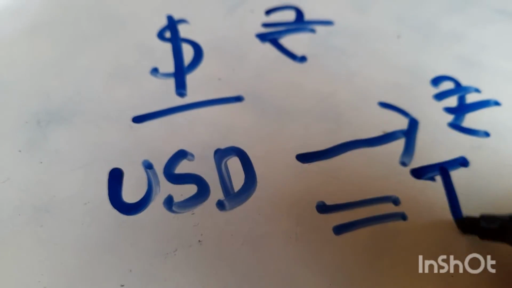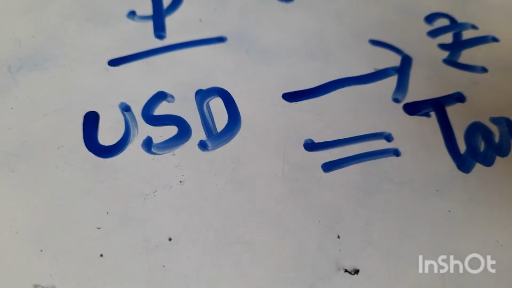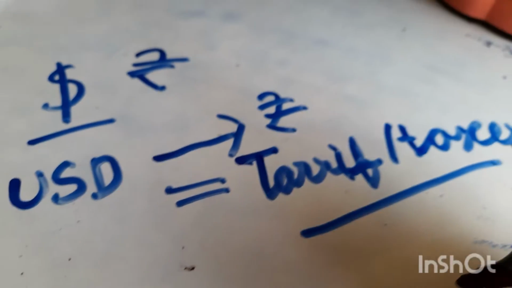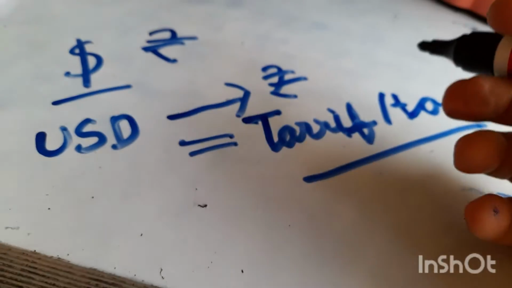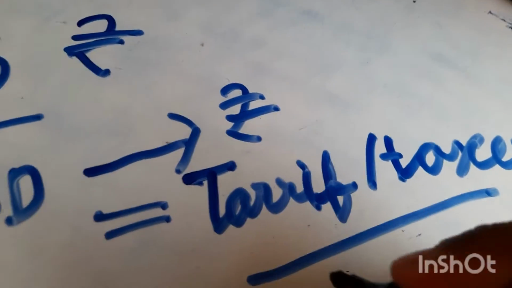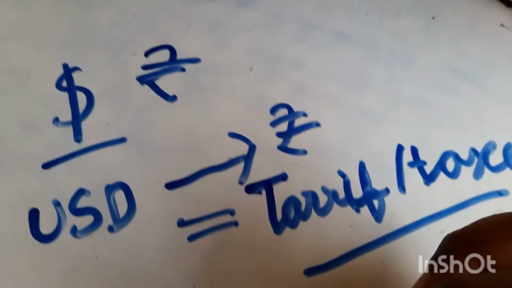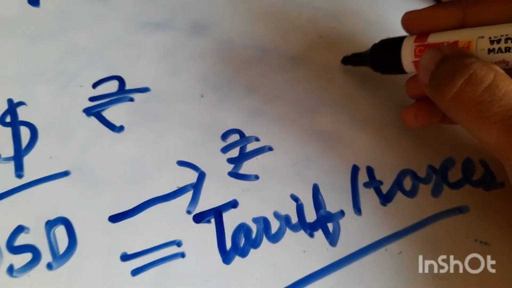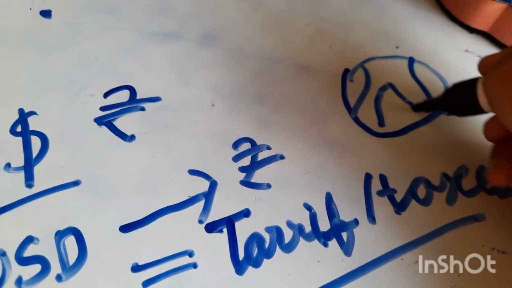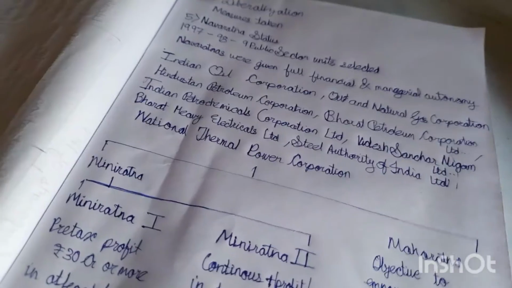So this was like tariff or taxes. And again, additional tariff was charged because it was foreign investment, something coming from outside, and the government wanted to protect the people from competition. But now, because we have to globalize our economy, we had to reduce these taxes. So that's what was done.